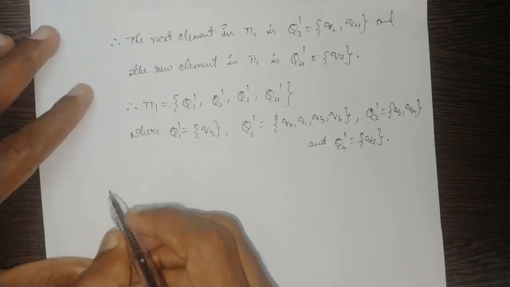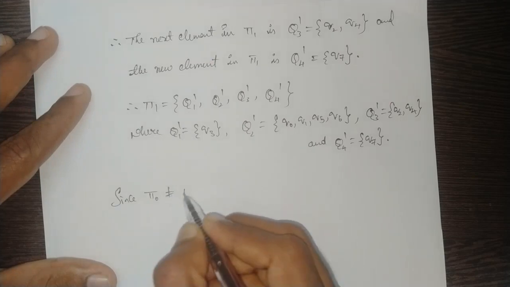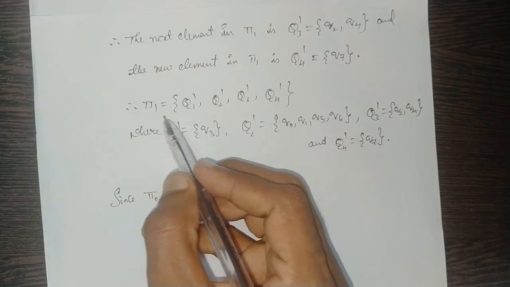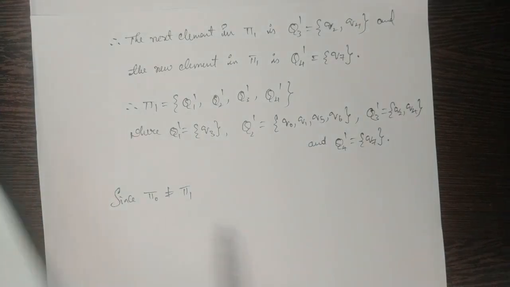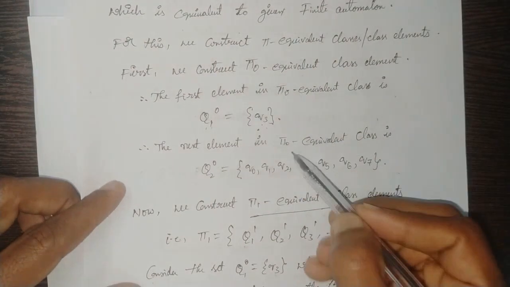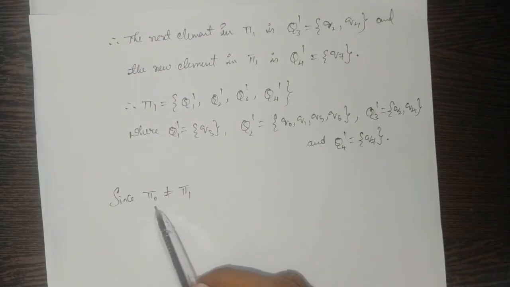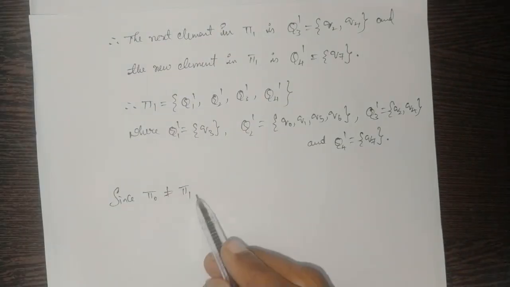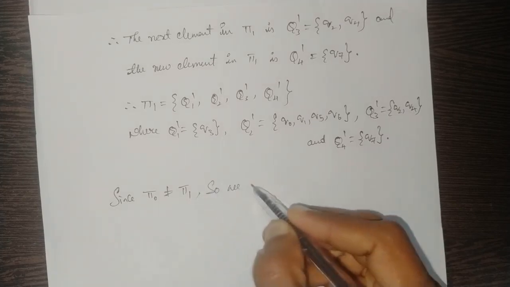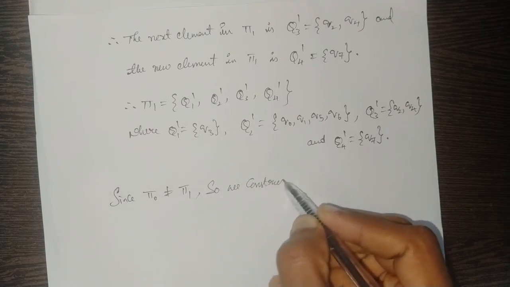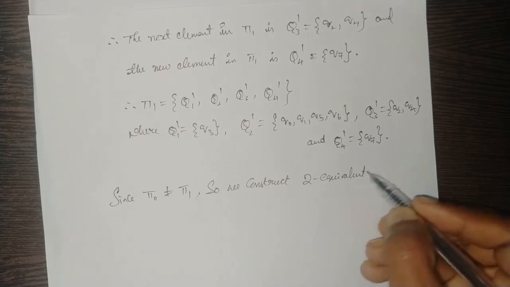Since I0 is not equal to I1, because I1 contains 4 elements whereas I0 contains only 2 elements, Q1 naught and Q2 naught, we construct two equivalent classes.